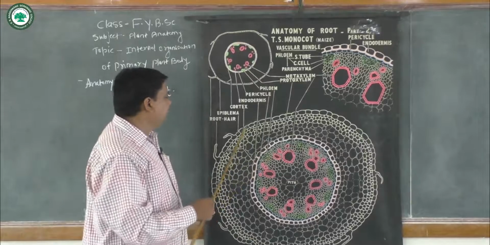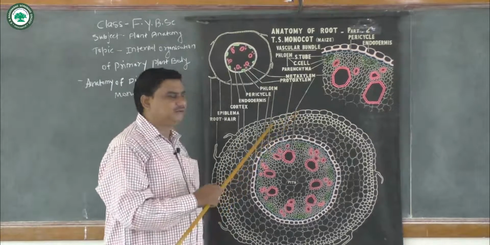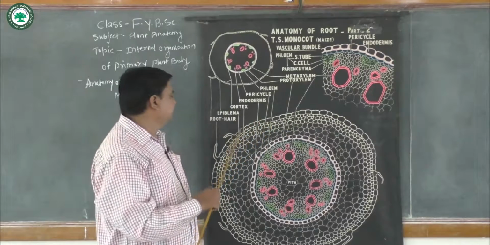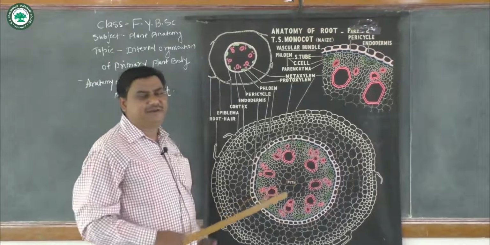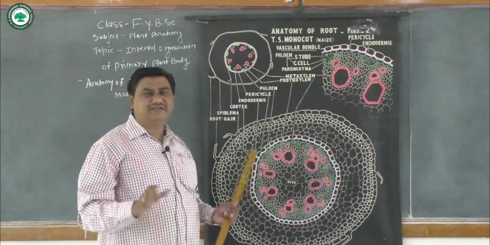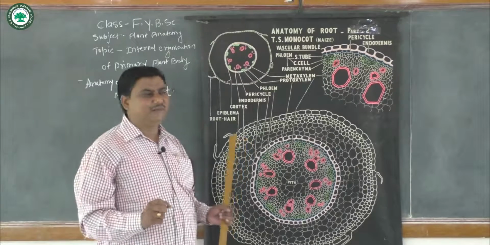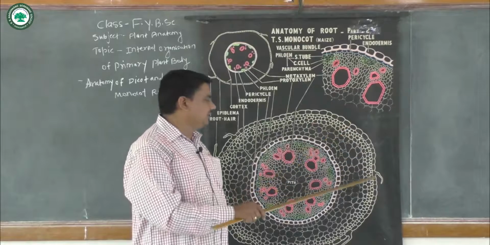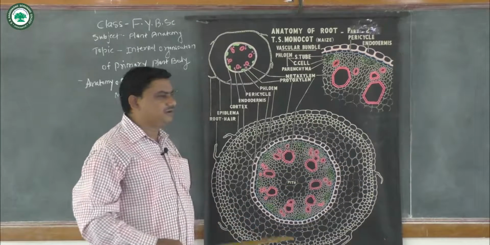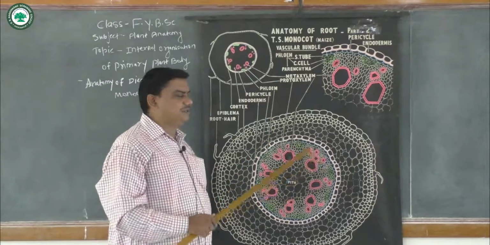The epidermal cells are made up of parenchymatous cells. They are elongated, uniseriate parenchymatous cells, and the cells are compactly arranged. The function of this epidermis is to protect the root or the internal part of the root.